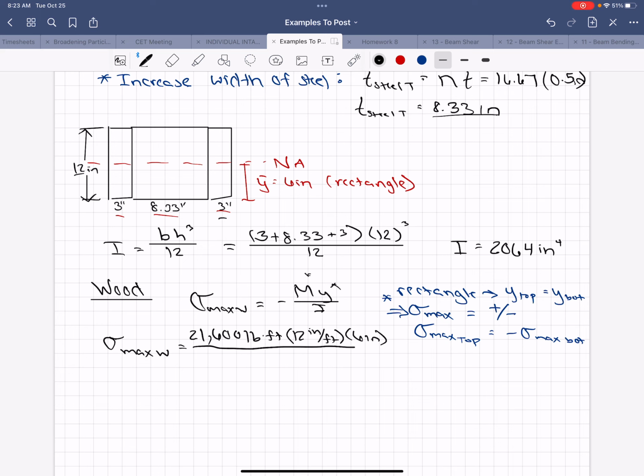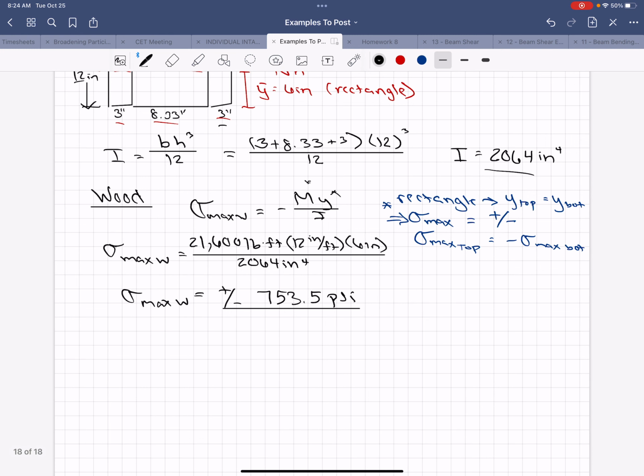And we divide all of that by I, which is this 2,064 inches to the fourth. And we get a sigma max of the wood equal to a positive or a negative 753.5 psi. First answer.